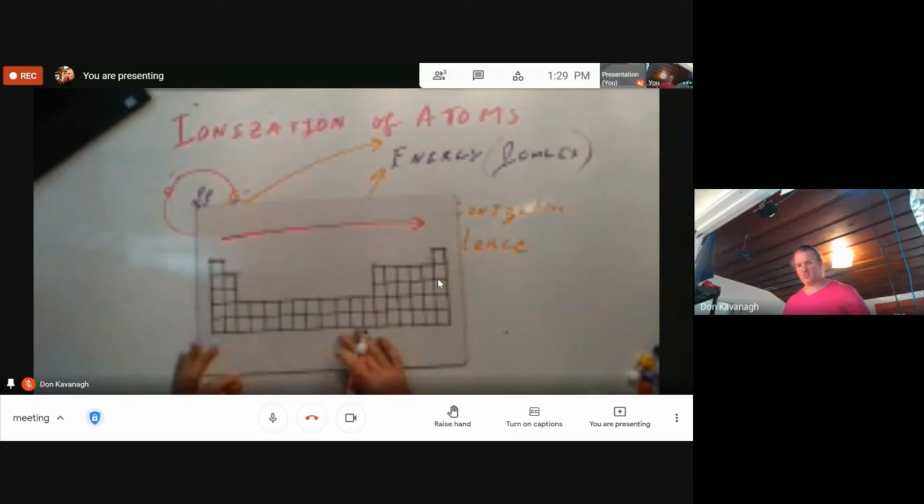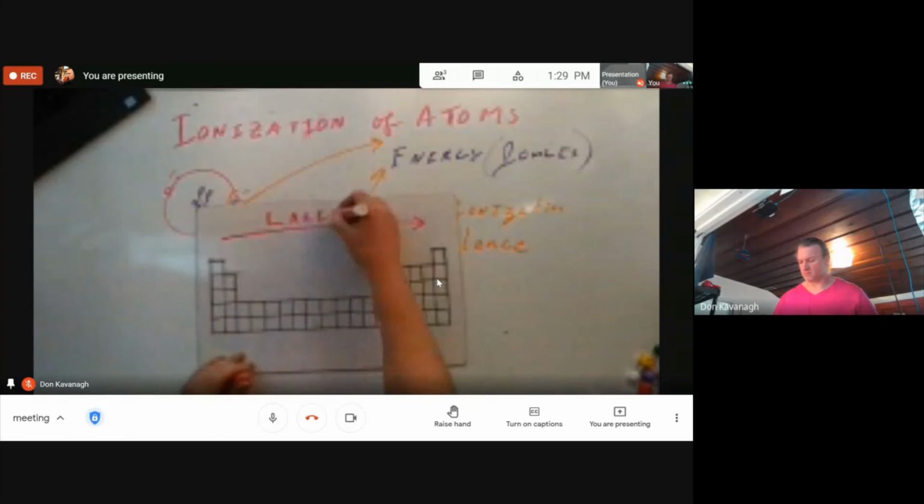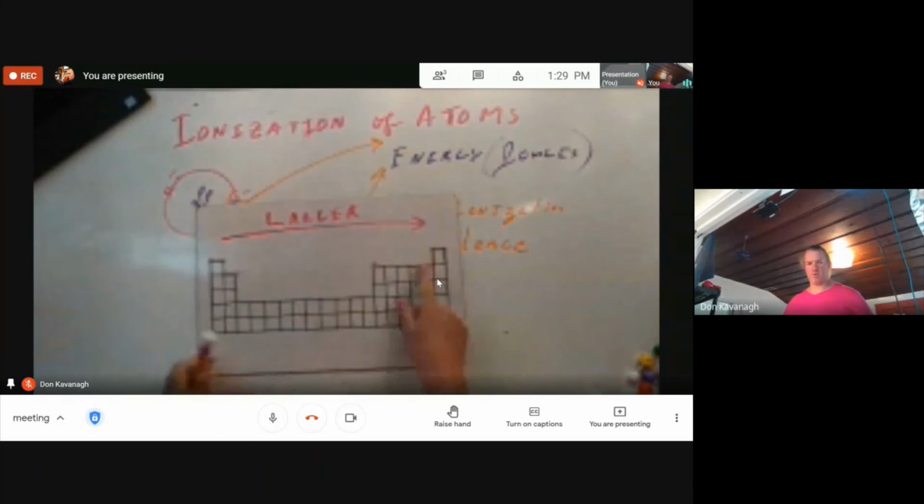Now, as you move to the right on the periodic table, you have a larger ionization energy. It takes more and more energy to remove that first or valence electron.